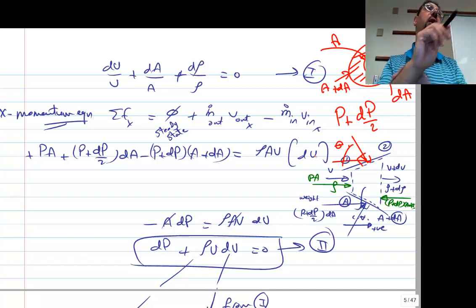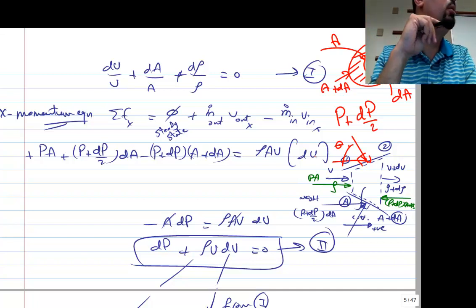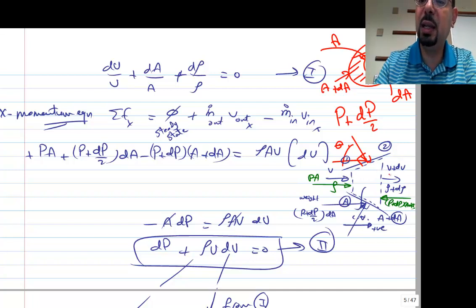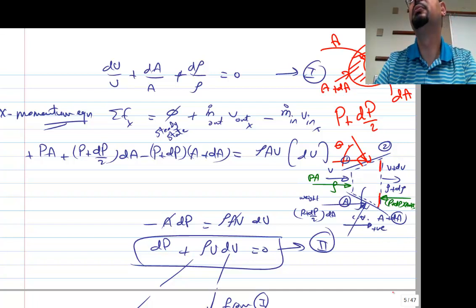So here's a very cool trick that you should have remembered from fluid 1. This horizontal component of the pressure force is equal to the whole pressure, not cosine of it, multiplied by the projected area in that direction, or basically the dA. You get it?